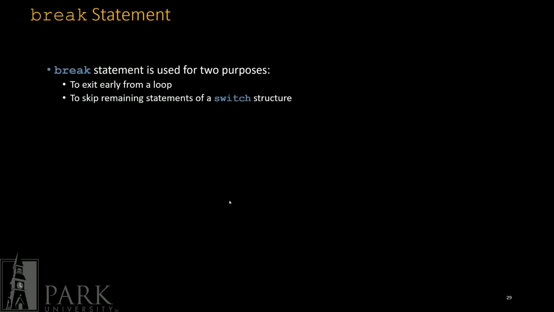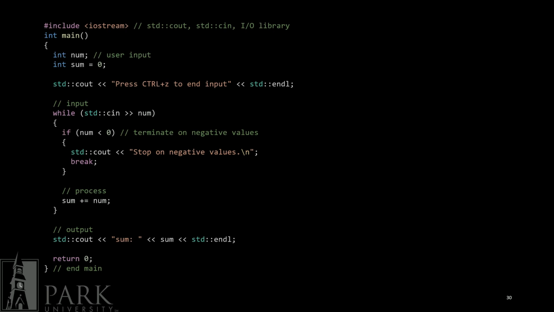And of course, we have our break statements, which we already partially covered, talking about how they're used to break out of a switch structure, but we can also use them to terminate early from a loop. So here you can see another example where we're checking to see if number is a positive value.